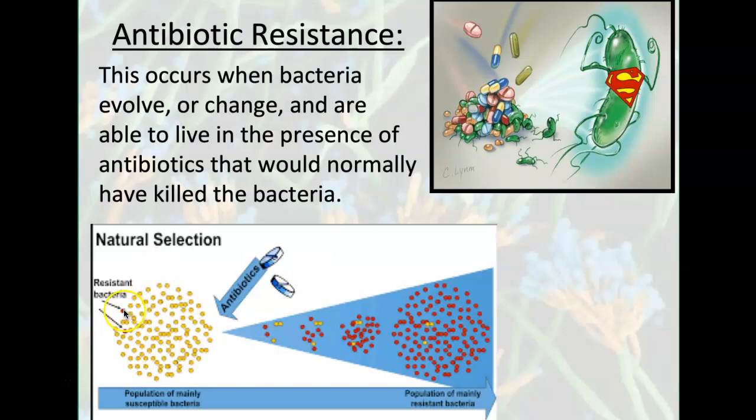So the resistant bacteria here, we only have 2 red circles that are resistant. The rest of these yellow circles are bacteria that will be killed in the presence of antibiotics. So after several generations of these bacteria, we end up with a bunch of red circles. So the bacteria that are resistant have become dominant because they have been able to pass on their DNA.